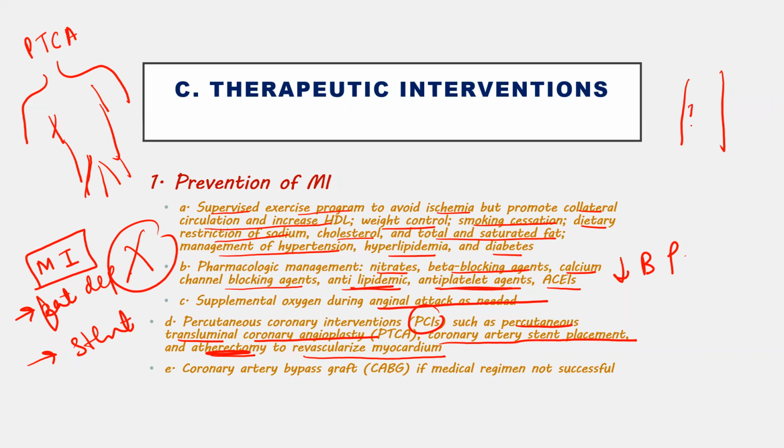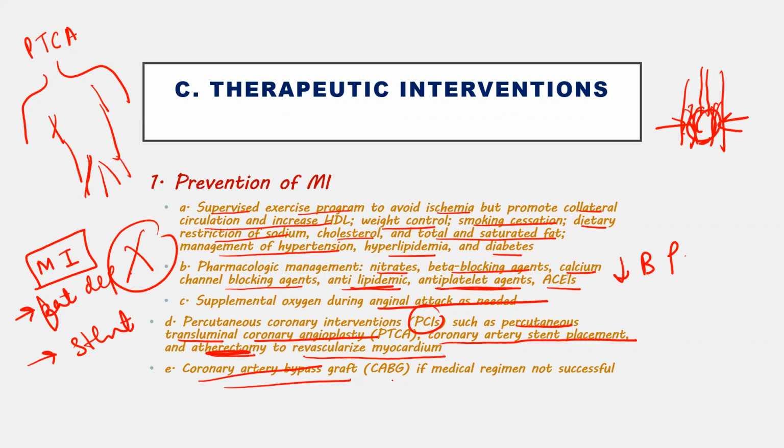If there is a fat deposition, the catheter will be inserted and that catheter will contain a balloon. This balloon will dilate the blood vessel and help in providing enough blood circulation. So basically, the inflated balloon helps in decreasing the narrowing of the artery. So this is the PTCA.